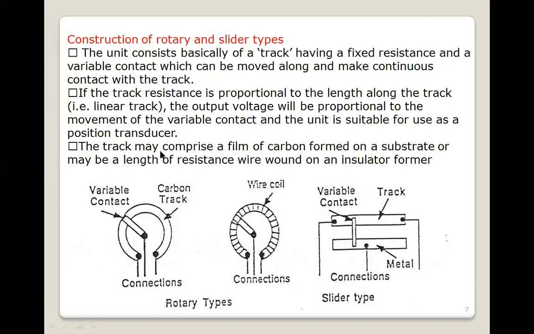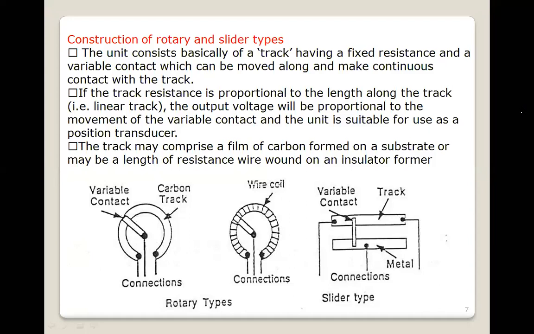transducer. The track may comprise a film of carbon formed on a substrate, or may be a length of resistance wire wound on an insulator former. So by varying the variable contact on the carbon track, you can change the value of resistance.